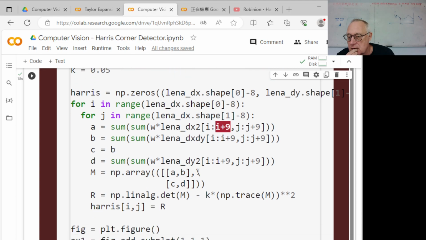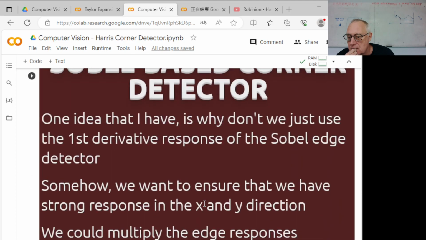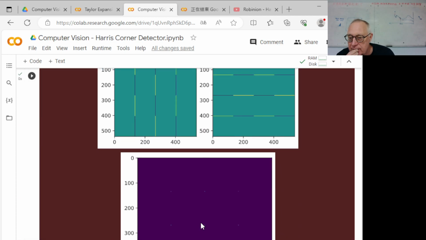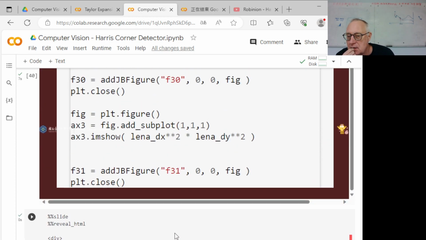And it adds up all of those. And here we only get it for the individual pixels. And that's a little bit harder to see.